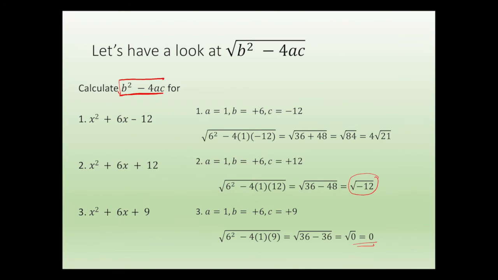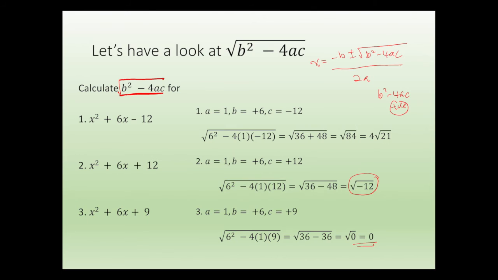Here, you can see that because x is minus b plus or minus square root of b squared minus 4ac, over 2a, if b squared minus 4ac is a positive number, you could have two possible values, plus or minus.